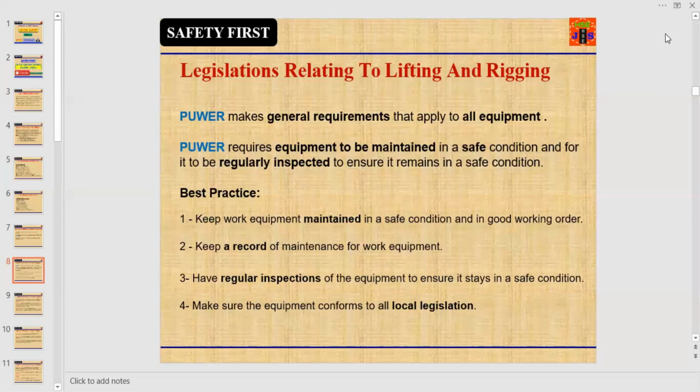Number 2, keep a record of maintenance for work equipment. Number 3, have regular inspections of the equipment to ensure it stays in a safe condition. Number 4, make sure the equipment conforms to all local and international legislation.